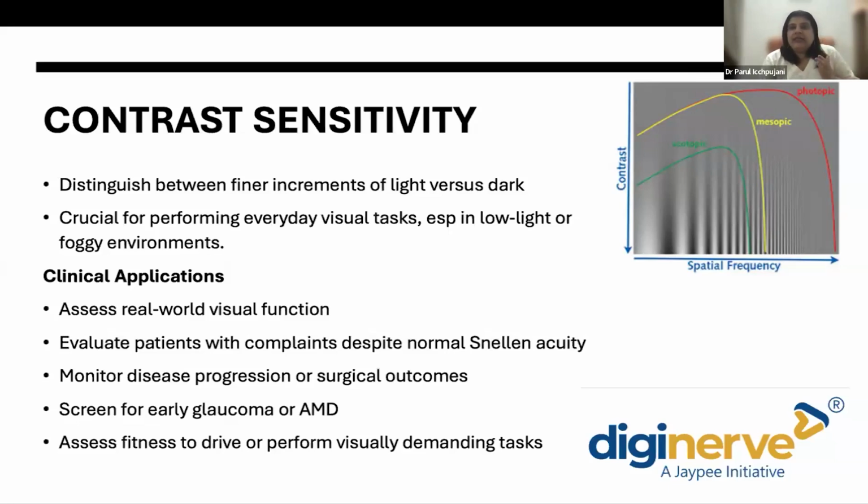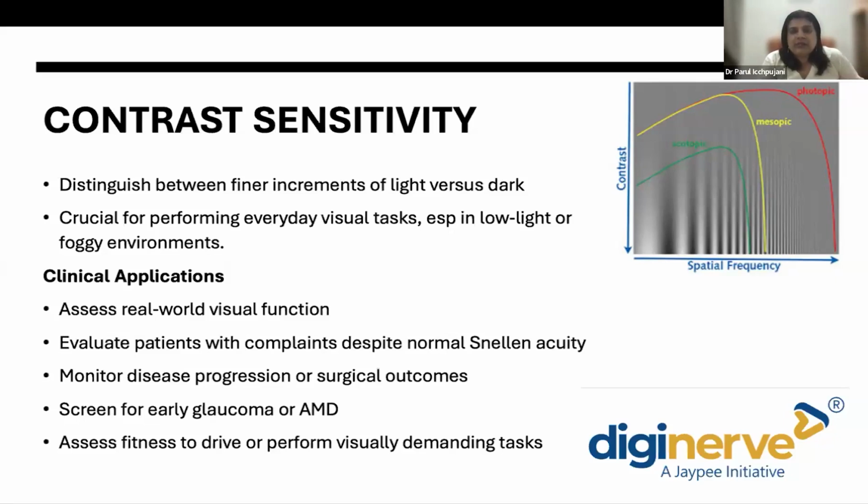If you see the Snellen's visual acuity chart, there is a stark black letter which is written on the white background. In real life scenarios, contrasts are not this black and white. There are more shades of gray in contrast. So life is not as stark as Snellen's. So for day-to-day activities, for elderly people, it is very important to be able to differentiate.